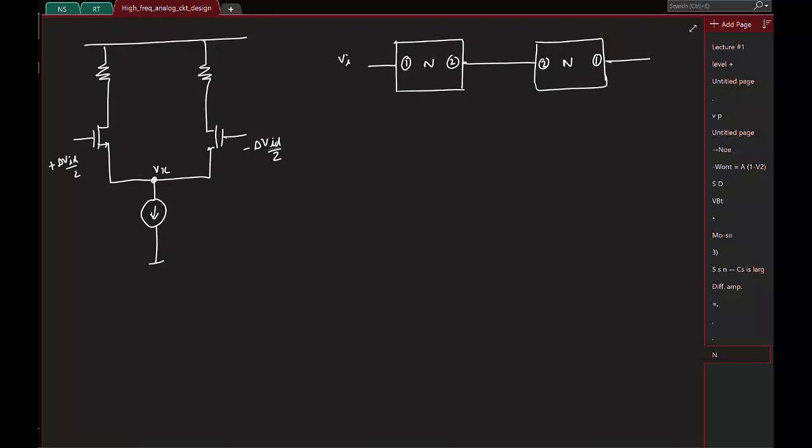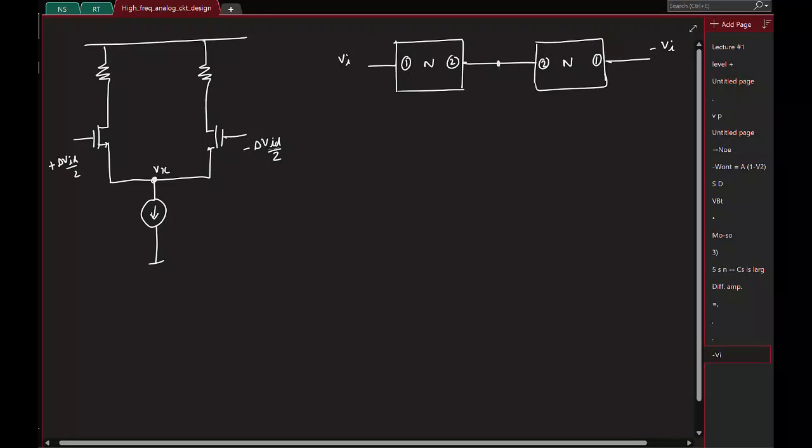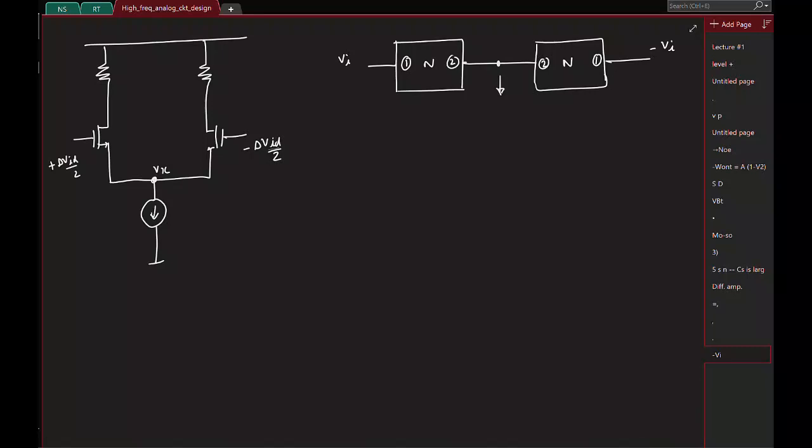If I apply Vi and minus Vi, what can you say about this node? Why is it 0? Yes, symmetrical. What voltage difference are you referring to?